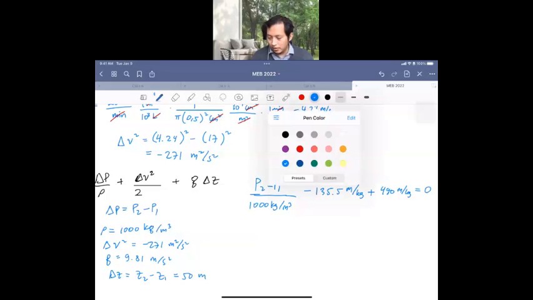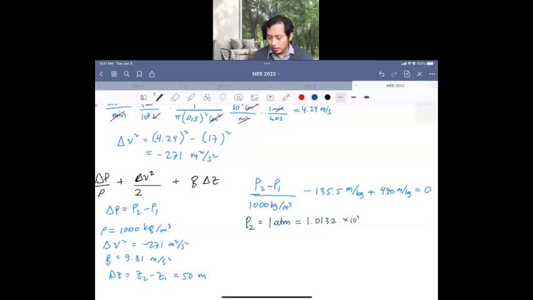So P2 is 1 atmosphere. We can write 1 atmosphere, convert into Newton. And P1, from the equation here, we can solve that P1 is 456, or it's equal to Pascal, or this is around 4.5 bar.